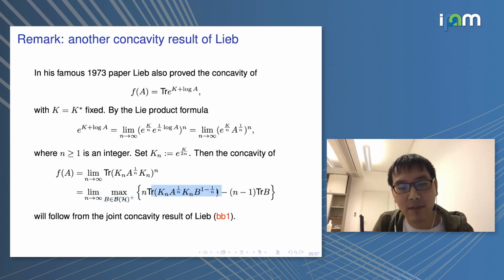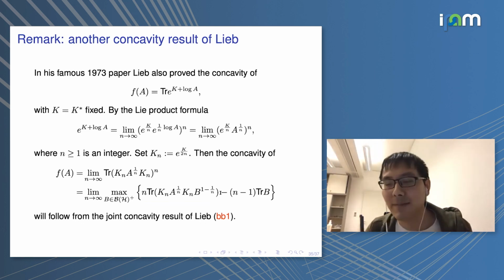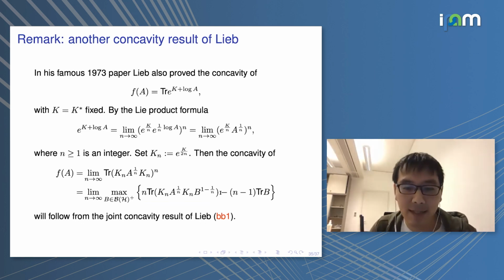And here, these functions are just the trace functions appearing in the conjecture of Wigner-Yanase-Dyson. So the joint concavity result of Lieb, namely the joint concavity of this trace function, will imply the concavity of this function f. So this is not surprising.